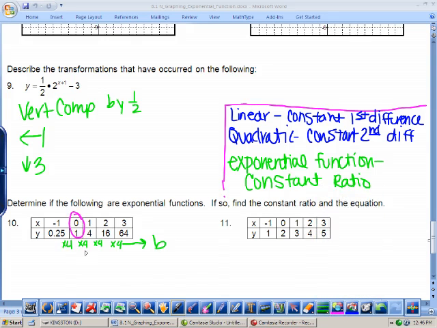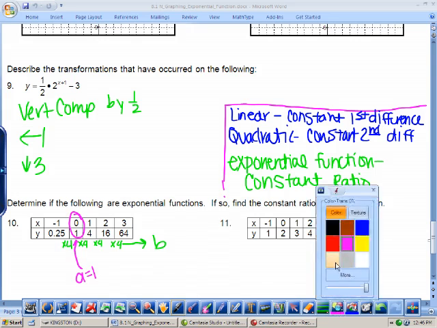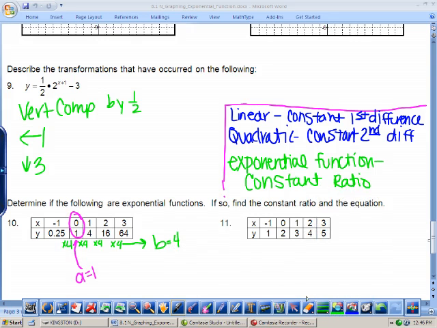And this (0, 1), that y-intercept of 1, that is our a value. So the equation of this exponential function is y equals 1 times 4 to the x power. That 1 is not necessary. I'm just putting it there in case you forget that that's where it would go.